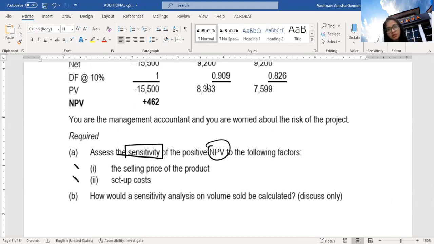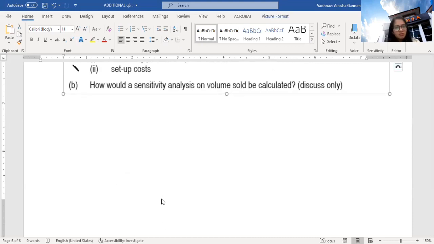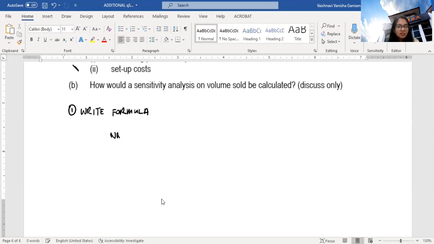So step number one, always remember to write your formula. So here my formula will be NPV over PV of cash flow, right?